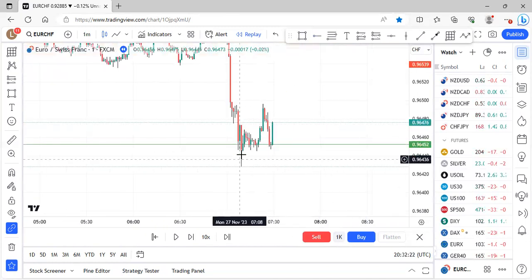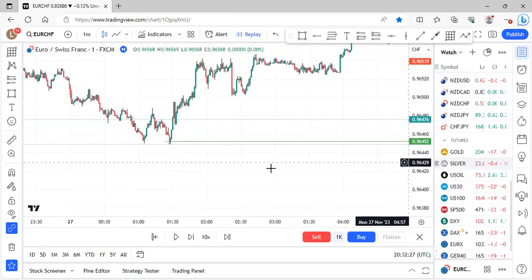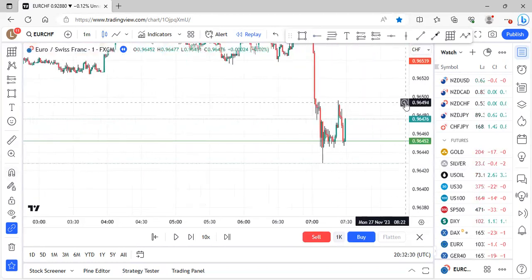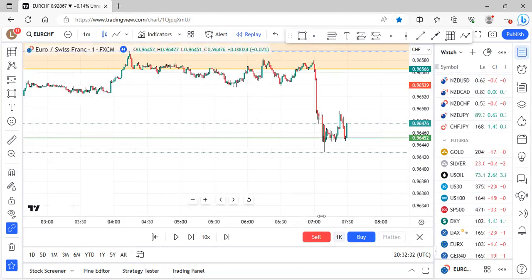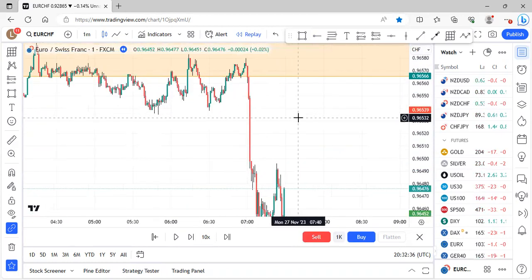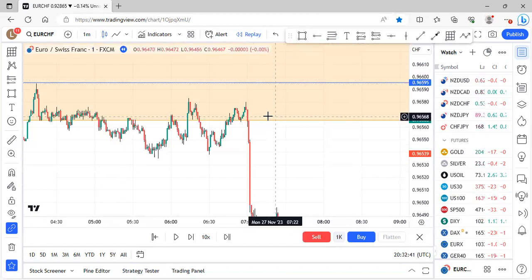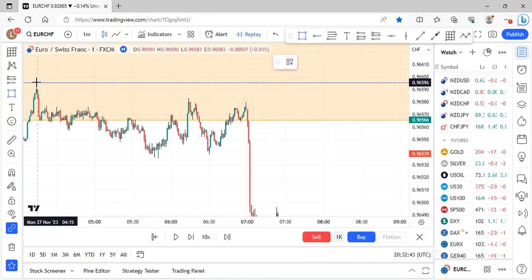Obviously, you can see by the wicks here and the body close there, it's clearly a level that it wanted to break. The wicks are always a good example of that. So from this point, if I'd have got the right 15-minute zone, I'd have been looking at sort of a possible engulfing somewhere.